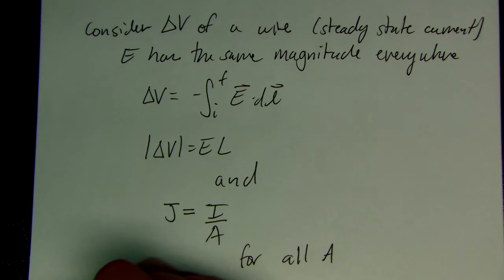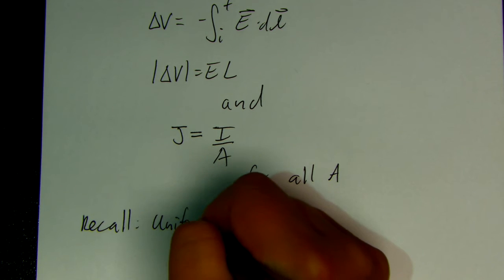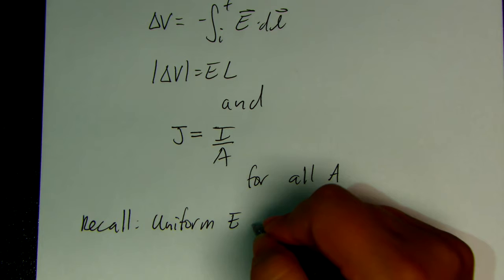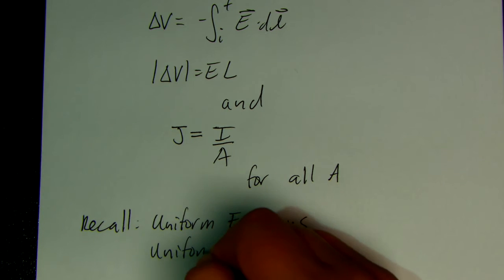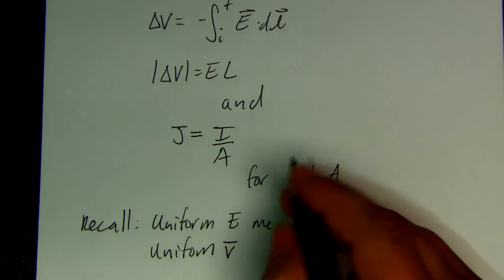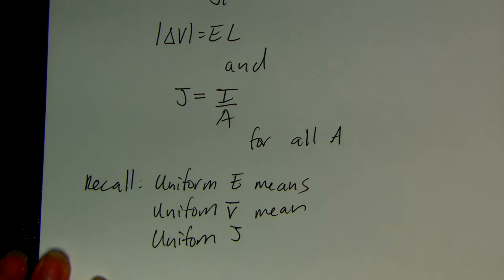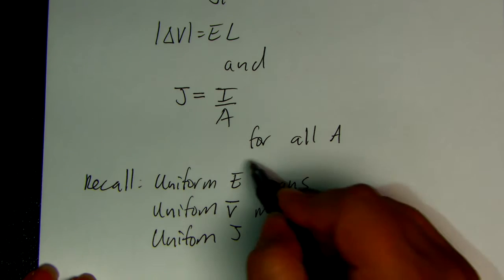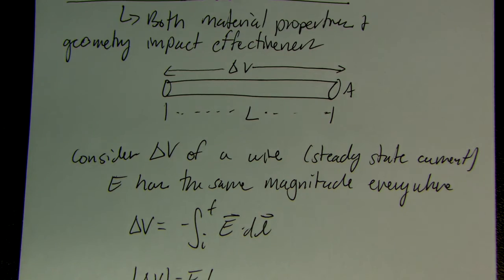And if we recall, uniform E means uniform V means uniform J. So all we're doing right now is bringing together all of these concepts that we've been learning to understand circuits. All of these three things are uniform across this section of wire with some resistance.